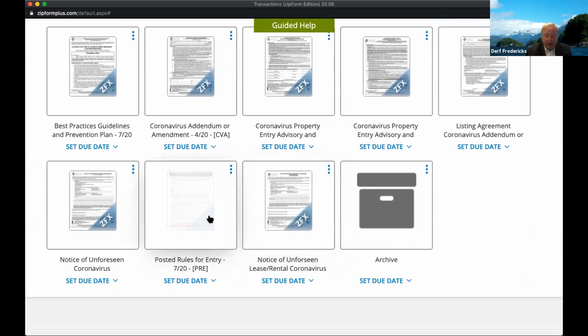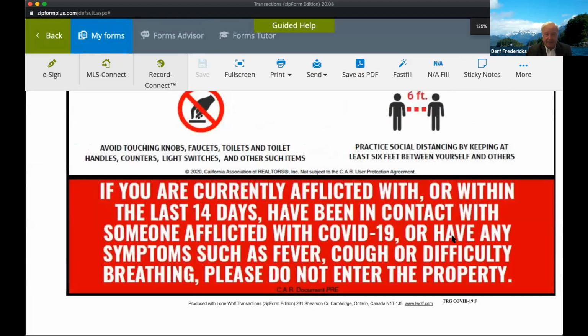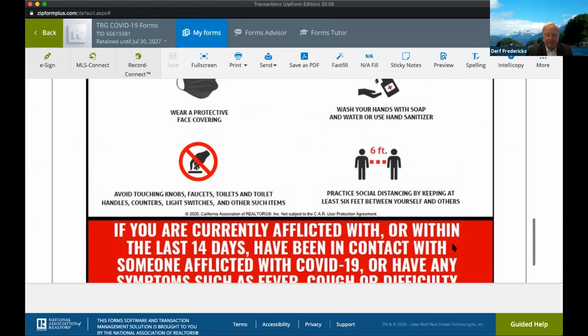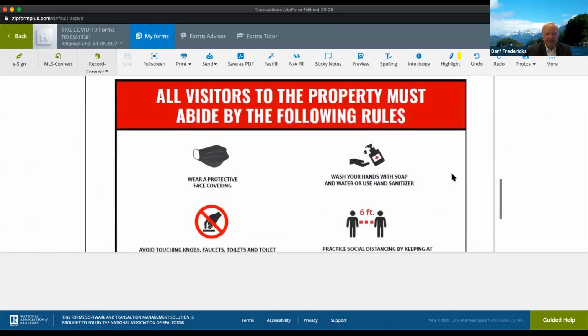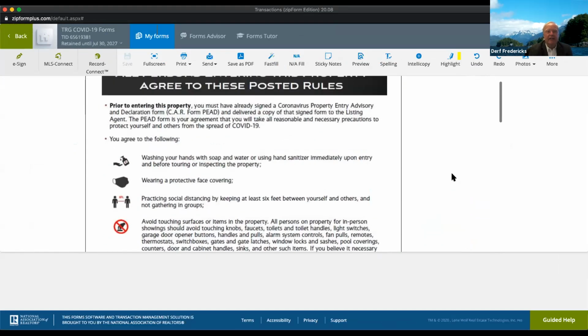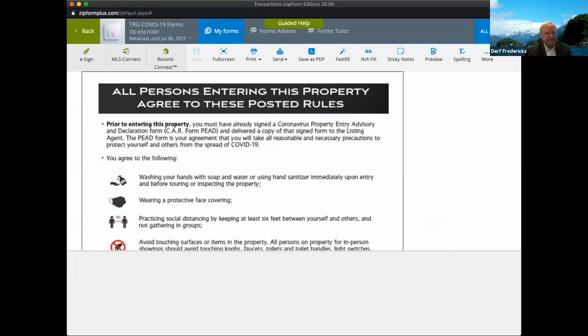It's a red and white sign that says posted rules. And the second page says, all persons entering this property agree to these rules.